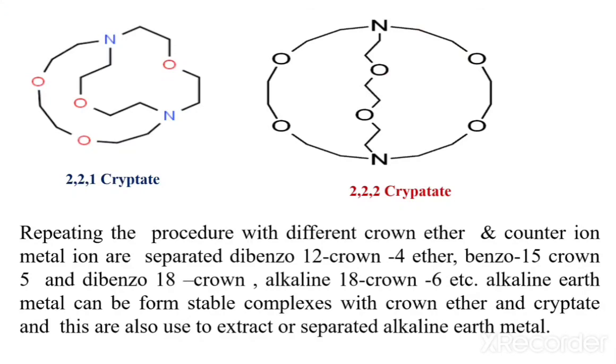Alkaline earth metals can form stable complexes with the crown ether and cryptate, and these are also used to extract and separate alkaline earth metals. That means crown ether is the most important for the extraction of alkali and alkaline earth metals.